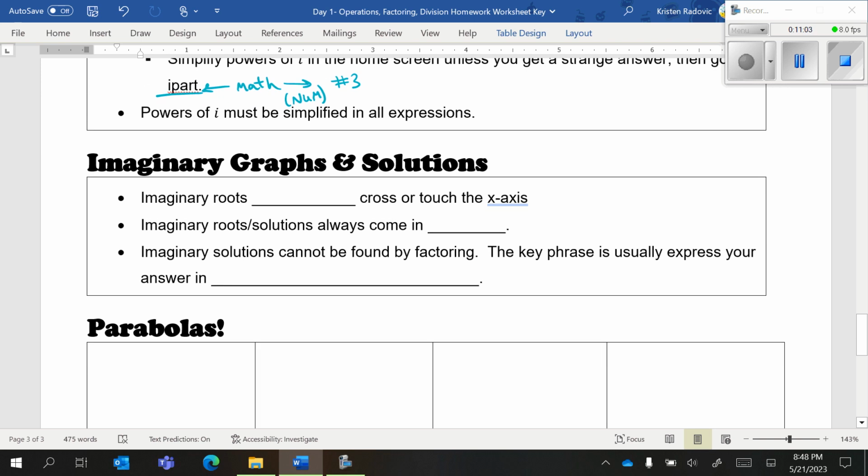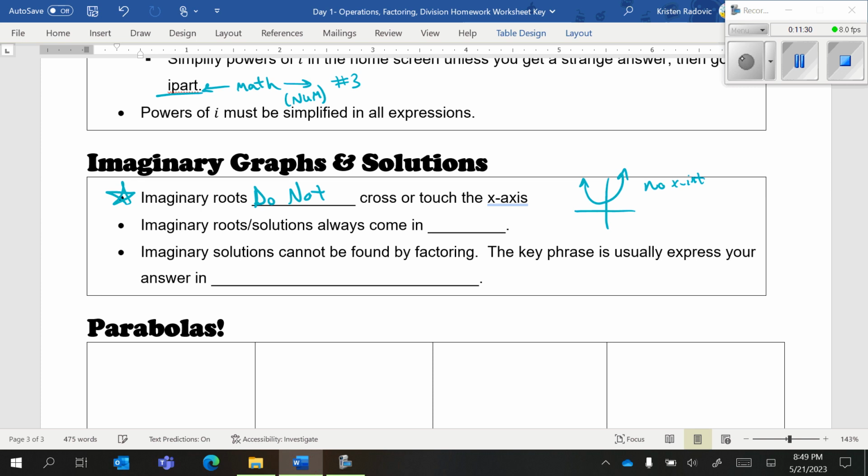So it is important to know imaginary roots do not cross or touch the x-axis. This is very important for tomorrow. So for example, if you have something that looks like this, this has no x-intercepts.